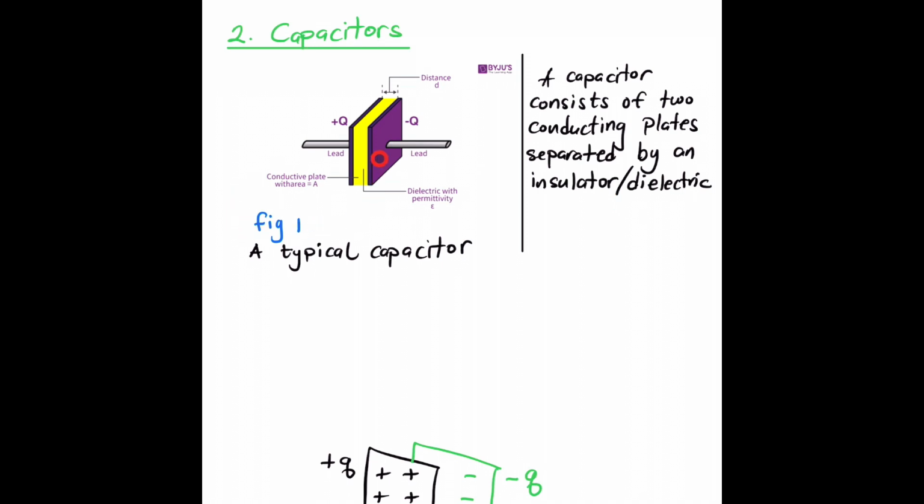Looking at figure 1, you have this conducting plate with surface area A, and this is another conducting plate with surface area A, and in the middle is a dielectric material with permittivity. And this is the distance between this plate and that plate. And then this is the lead. This is the positive lead and the negative lead.